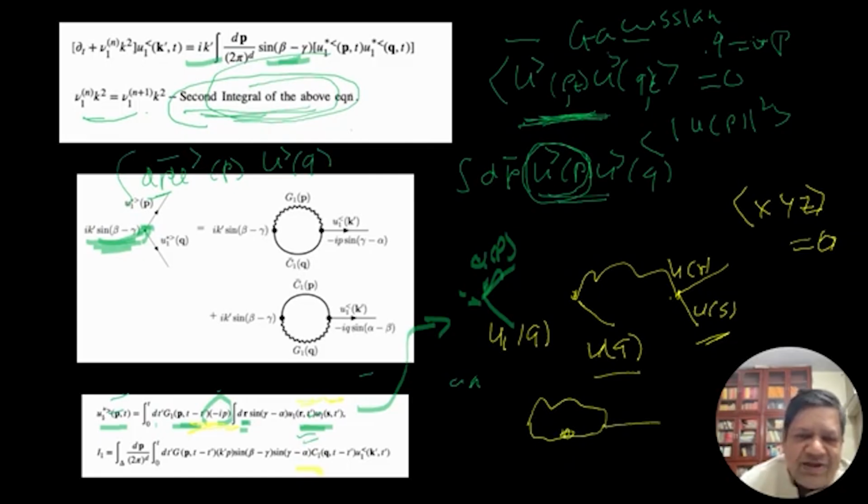And you can easily see, in fact, let me write it here. What is r plus s? R plus s is p, because it's a convolution condition, so you're writing p. And if s is minus q, then what is r? R is p plus q.